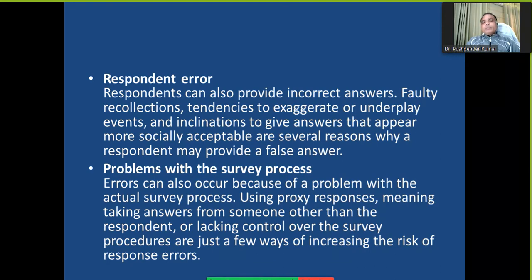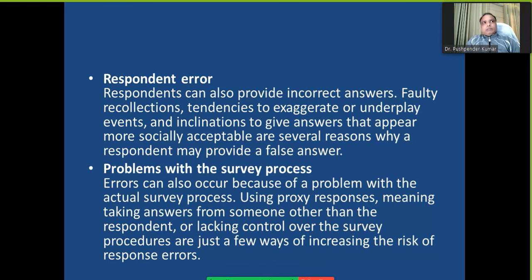Then we have problems with the survey process. Errors can also occur because of a problem with the actual survey process. Using proxy responses, meaning taking answers from someone other than the respondent, or lacking control over the survey procedures are just a few ways of increasing the risk of response error.